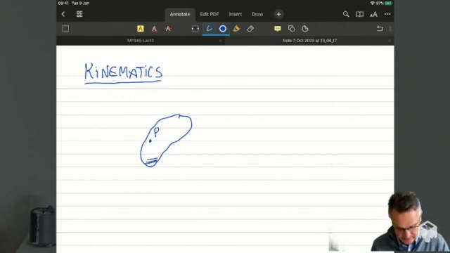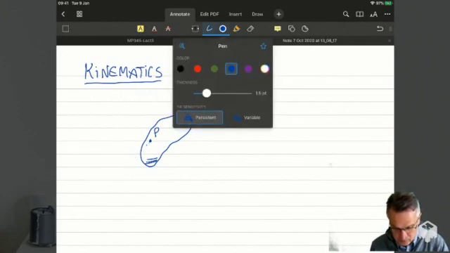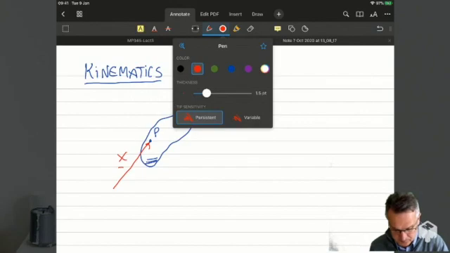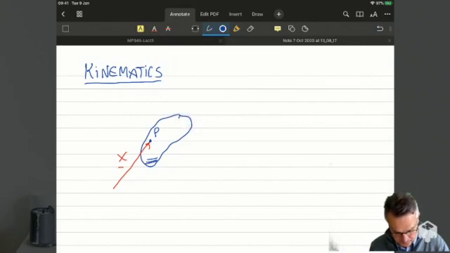We denote the coordinates with respect to an origin O, and then there are 3 unit vectors.